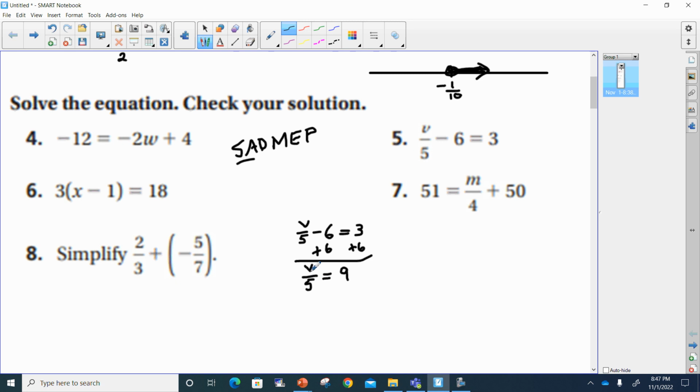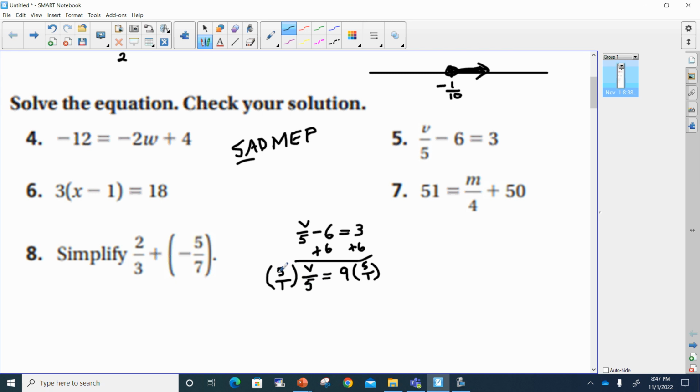Next, I have to get v by itself. I see that I'm dividing it by 5. The opposite of dividing by 5 is multiplying by 5. I'll multiply it in the form of 5 over 1. Whatever I multiply to one side, I multiply to the other. I'm multiplying it by the denominator, and that way my numerator is on top and my denominator is on the bottom.